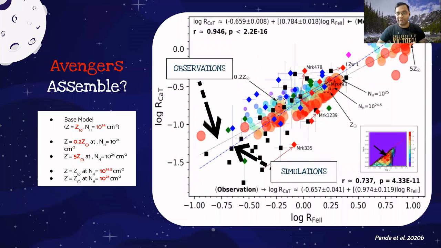But we do not stop here. What we do with our modeling is we consider 5 different cases of models, starting with the baseline model, which considers the cloud to be of solar composition and the cloud sizes estimated by the column density of 10 to the power 24 per square centimeter.